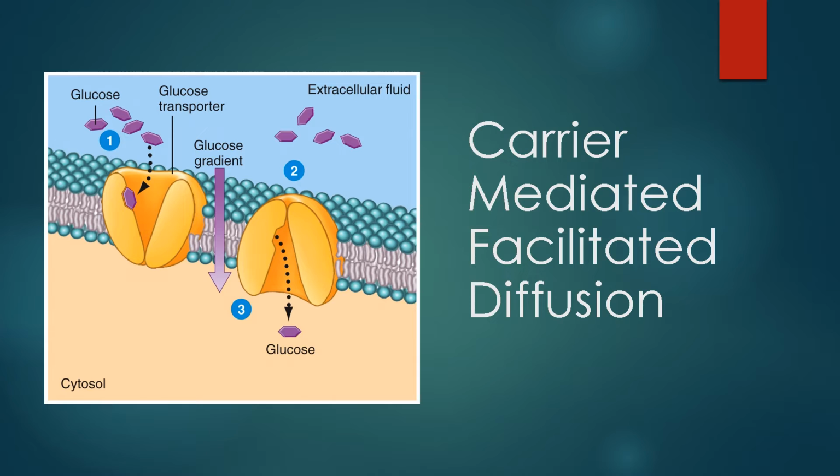Next, we have carrier-mediated diffusion, and this occurs when a transporter is used to move a solute down its concentration gradient still, and still no energy is required in this. So in this type of diffusion, the solute here, which is going to be glucose in this example, binds to a very specific carrier on the side of the membrane, and then it's going to be released on the other side after the carrier protein undergoes a change in shape.